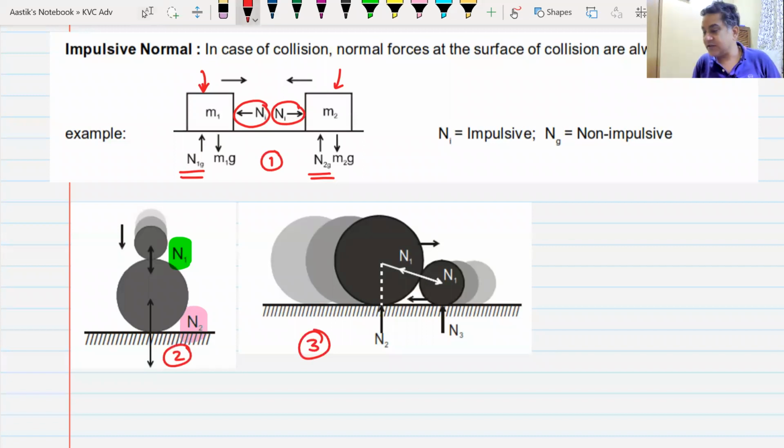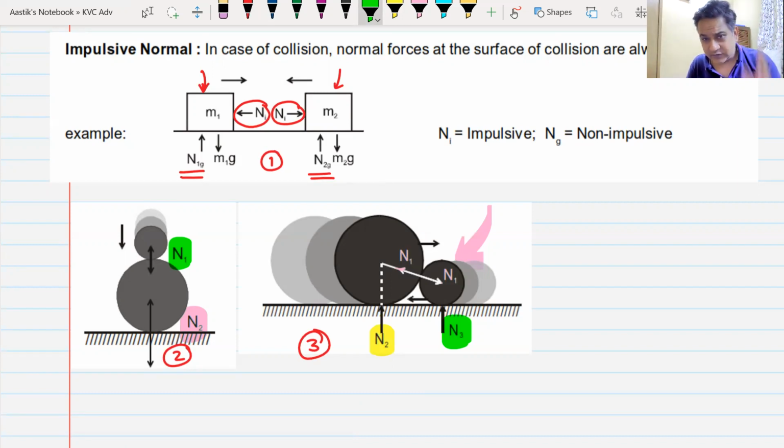In diagram number 3, can you tell me which force is impulsive and which is non-impulsive? You can see three types of normal reaction. One is between the two bodies. Then there is a normal reaction coming from the ground, the yellow one. Then there is a normal reaction coming from the ground on the smaller body, which is N3. Which of these normal reactions are impulsive and which are non-impulsive?